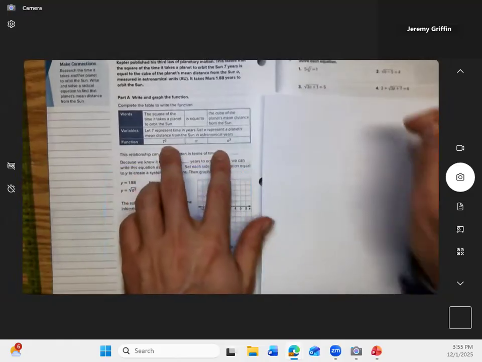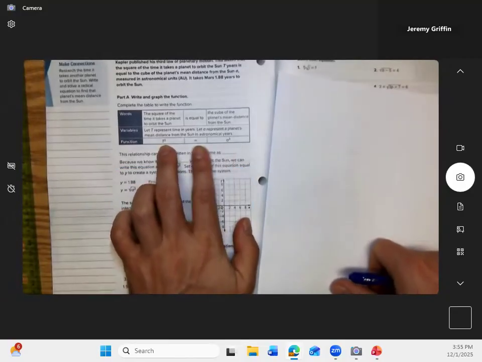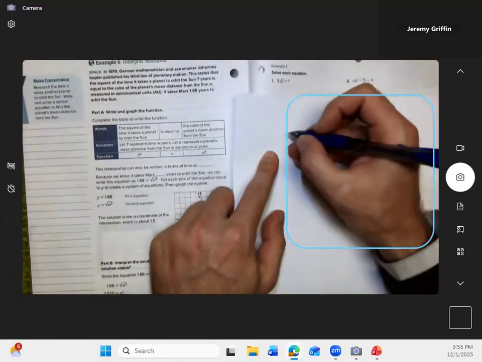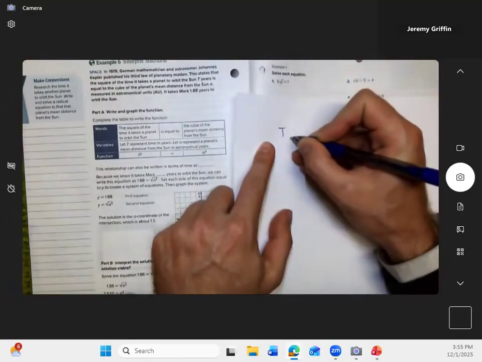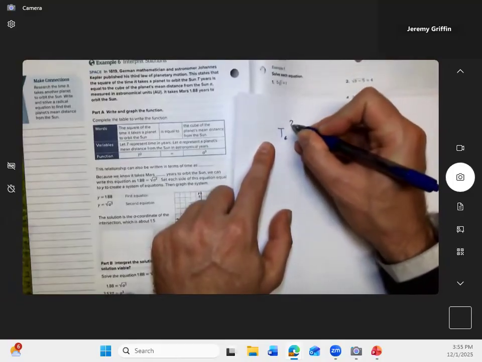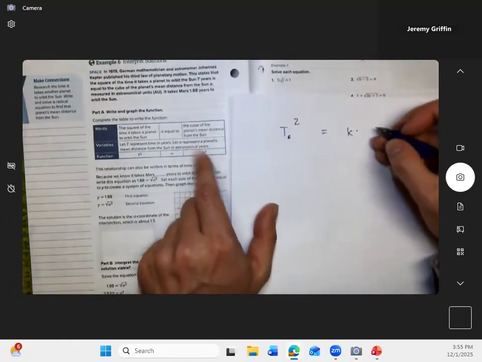So what they're saying is take the square of the time and the cube of the distance and set those equal. Again, if this was my physics class, I would also throw in some constant k, but that would end up canceling out here. In physics, it's more like this: the time for Earth to go around the sun, squared, is equal to some constant times the distance, which they're calling a.